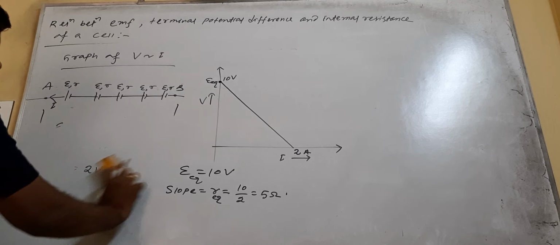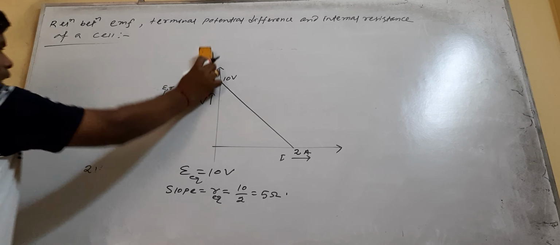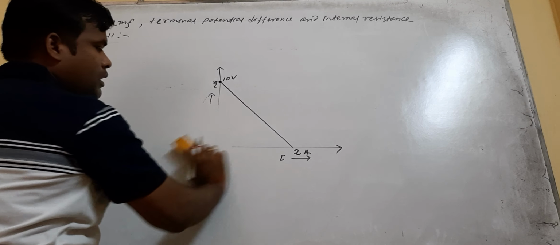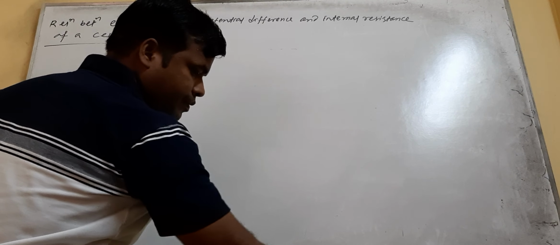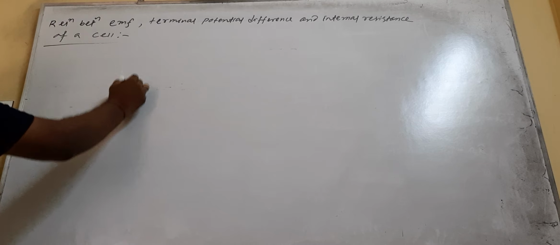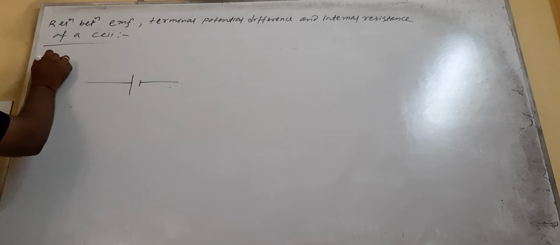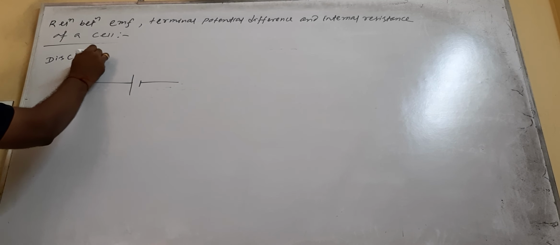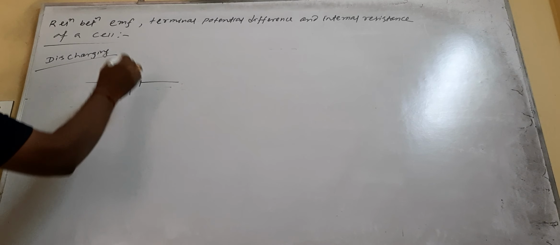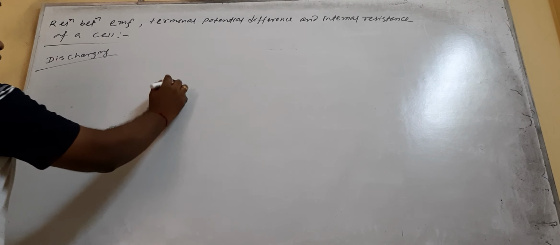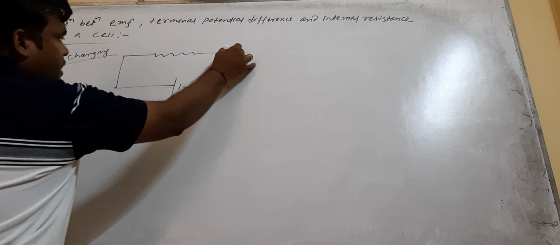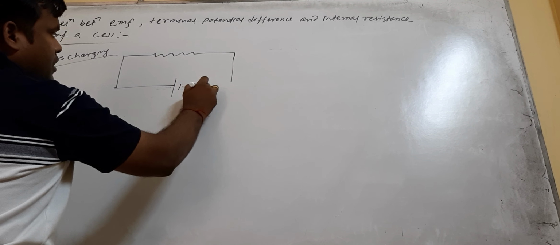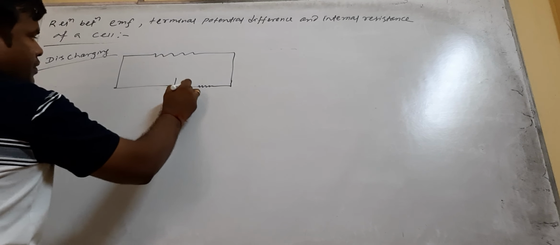So here, this is the discharging of a cell we have discussed. In the discharging of a cell, what happens? Let this be the cell, this the internal resistance, and this the external resistance.